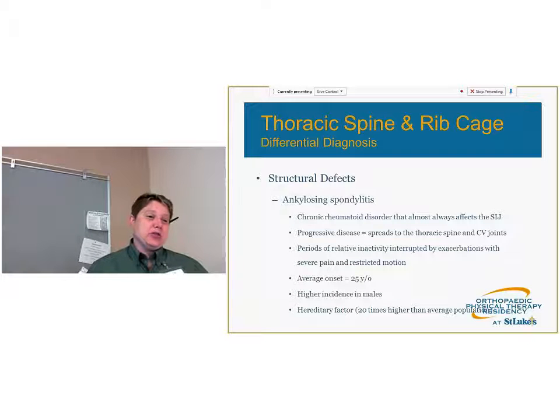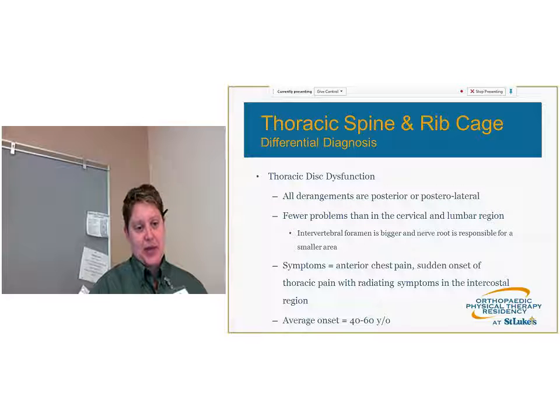And that's usually, it starts to develop in all planes. It's not just in one plane. Average onset, 25 years old, higher incidence in males, and there is a hereditary factor. So somebody, a younger male, could be 20 times more likely to experience that than the female.